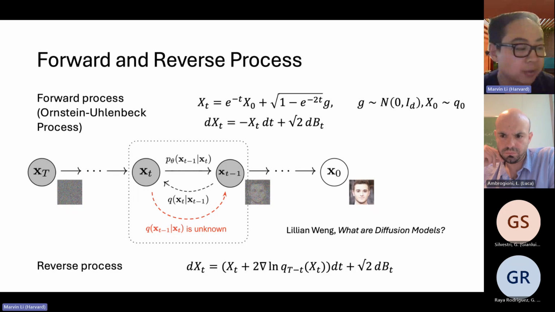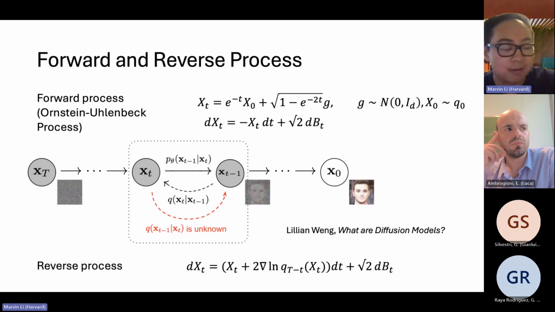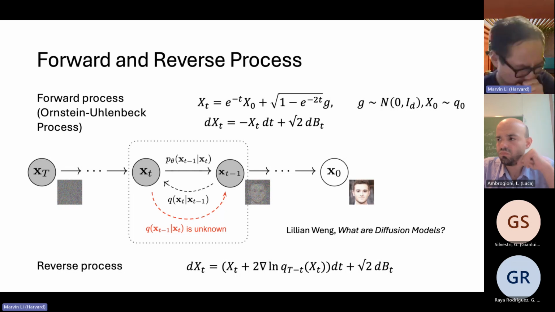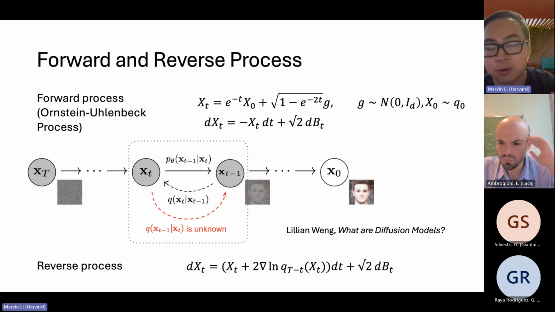But in our case, when we take an image of an orange cat, we noise it and then we denoise it, we denoise using the full distribution P. And this is different than denoising with P superscript S. In one case, you're using the score with respect to the distribution over all images. But in the other case, you're using only the score from the distribution with only cats. If that makes any sense.